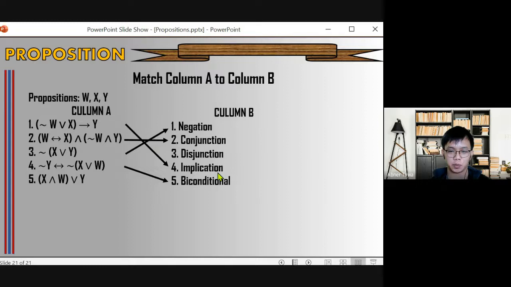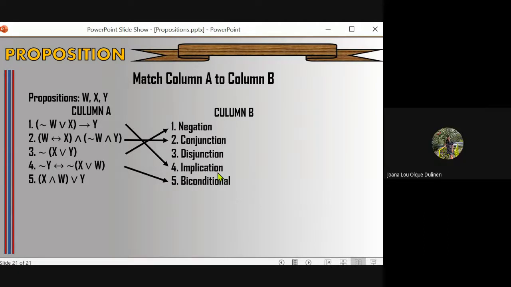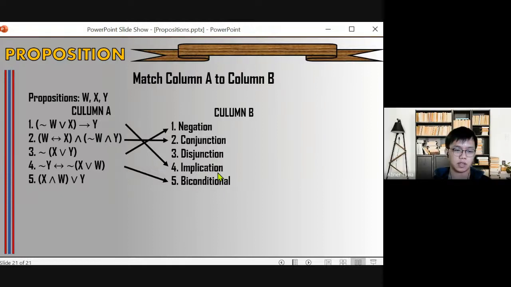Ang sagot natin sa number 5, Mr. Kenneth. Kenneth, anong sagot natin sa number 5? Yes, Miss Julinan, anong sagot natin? Sir, disjunction. It is a disjunction.